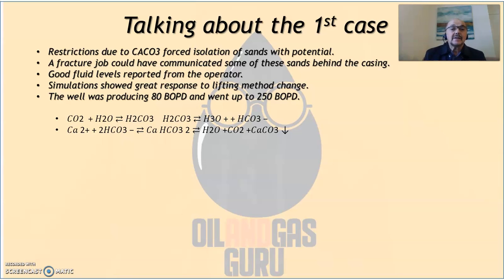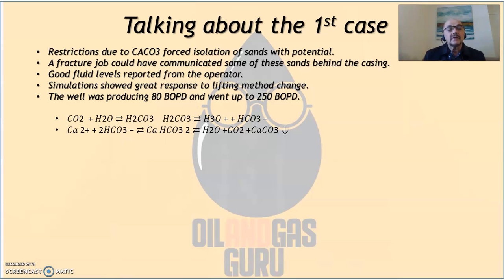Then when we went to this field, we could see some dynamic fluid levels that were reported from the operator. We were not operating the field, we were just helping in the engineering part.